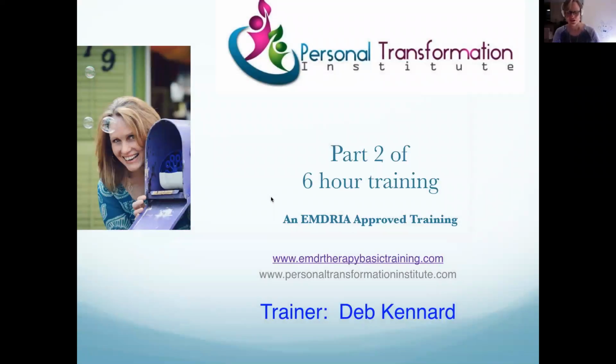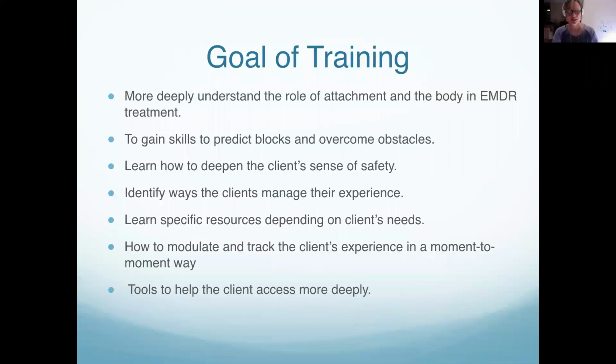So this is the part 2 of the 6-hour Power EMDR training. And so just to review the goals of the training: understanding attachment and the body in EMDR treatment, and how to work with that, and how to use the information you get from those things to be more effective really with EMDR.